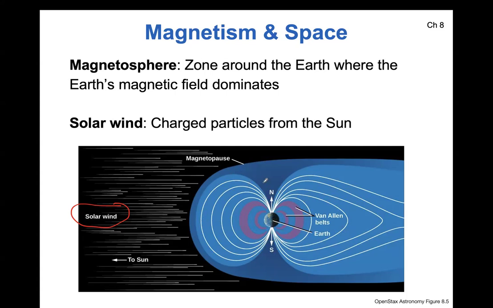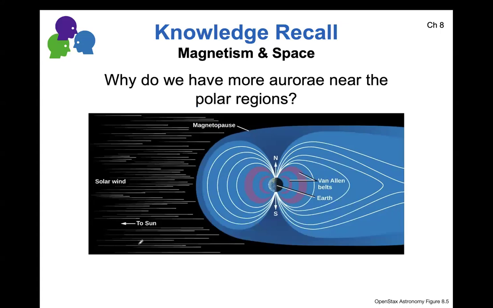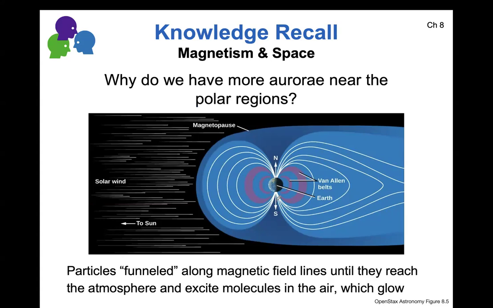That means we have regions where the magnetic field is not as efficient at stopping the solar wind. That's why we have the auroras, both the aurora borealis in the north, the high latitudes, the geographic north, the magnetic south, and the aurora australis in the southern latitudes, the magnetic north.